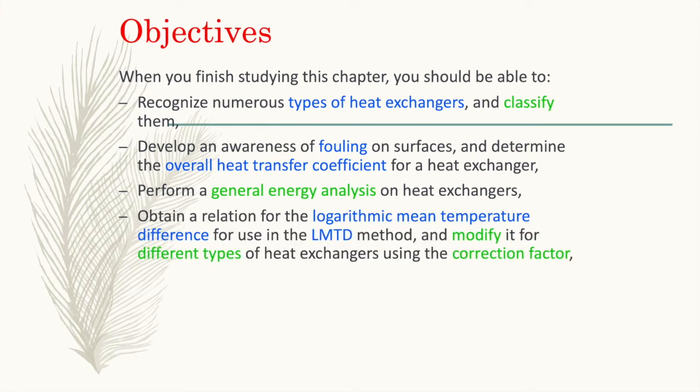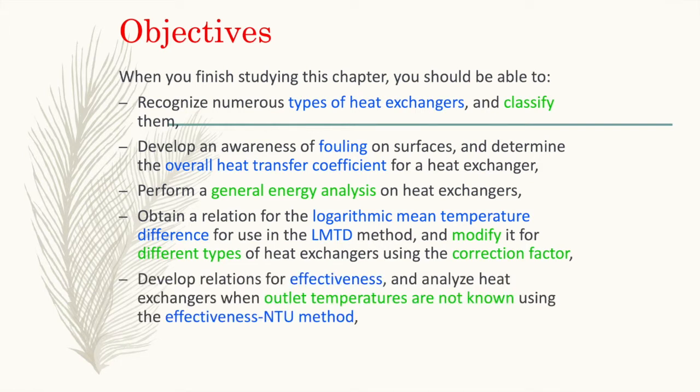And next, like I said before, you will understand the correlations or relations for calculating the rate of heat transfer for the heat exchanger by using these two methods: the logarithmic mean temperature difference, or in short, the LMTD method, and the other one, the effectiveness-NTU method.